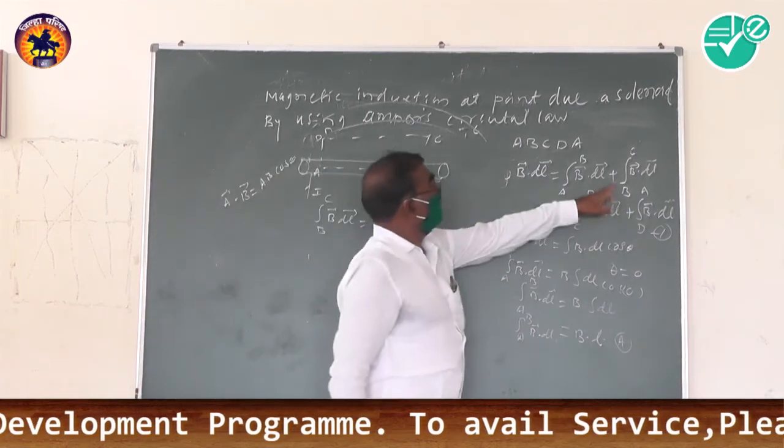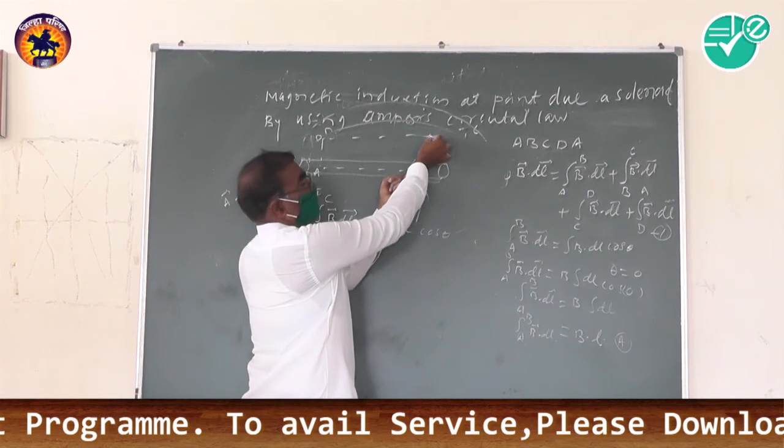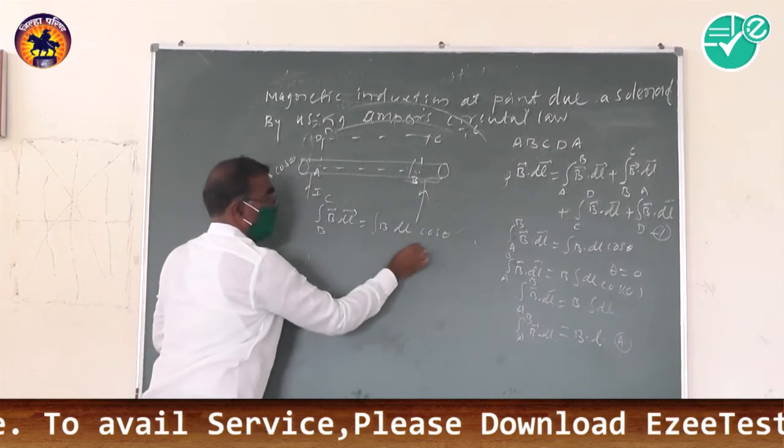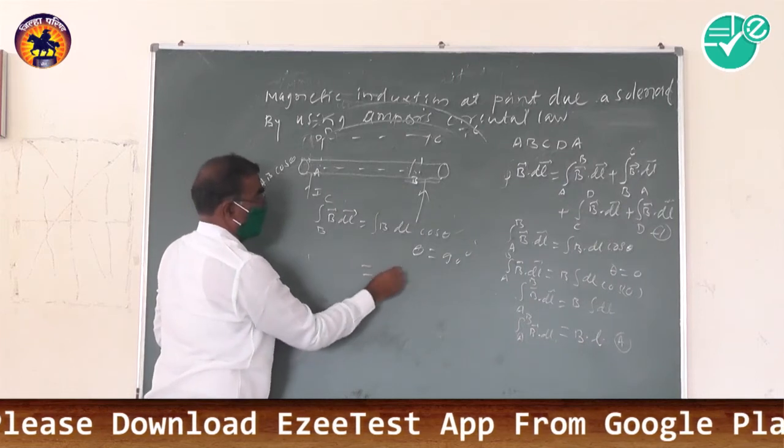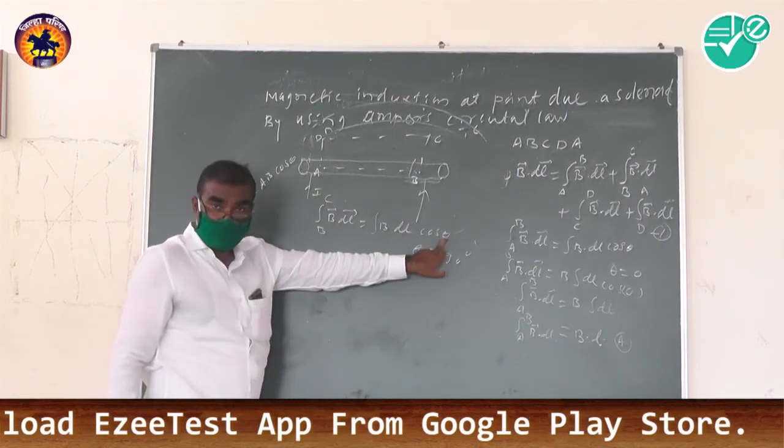Here, for the integration from B to C, theta is 90 degrees, and the value of cos 90 is 0.